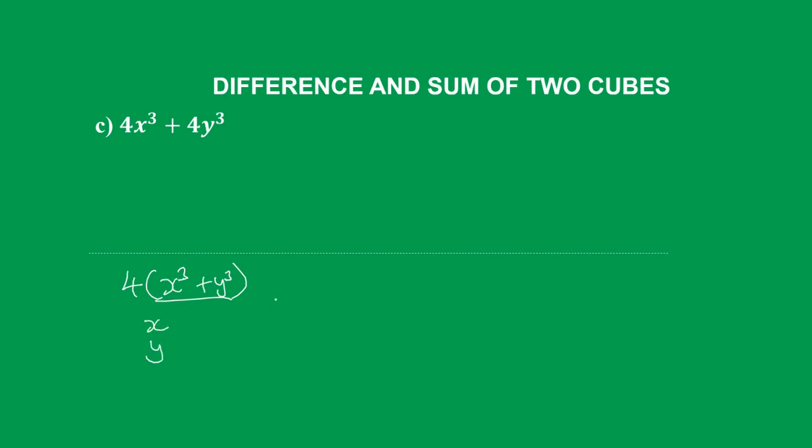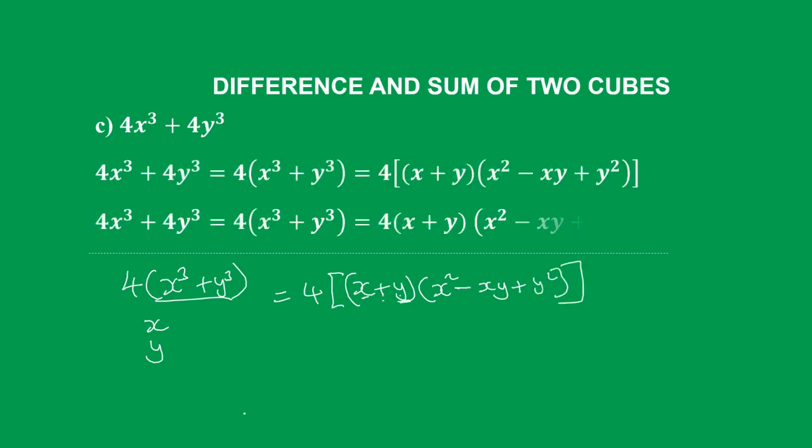So it's going to be 4, and then we have our first bracket, x plus y. Remember, maintain the sign, first bracket. Then second bracket: square the x, x squared, change sign, x times y, xy, always positive, and then square the y, y squared. And then you can simplify to this.